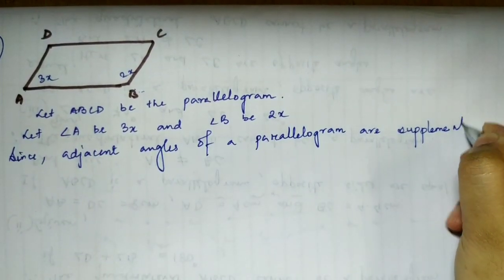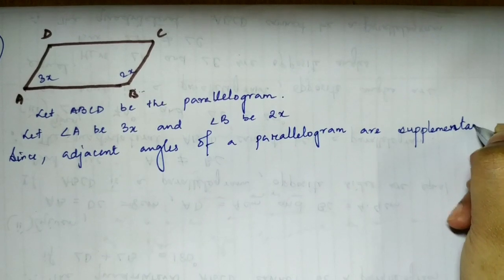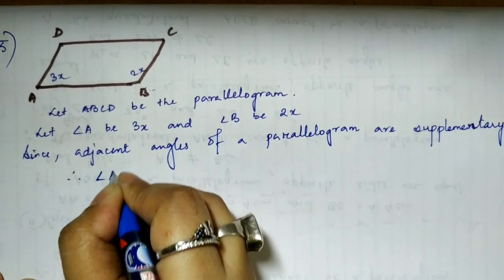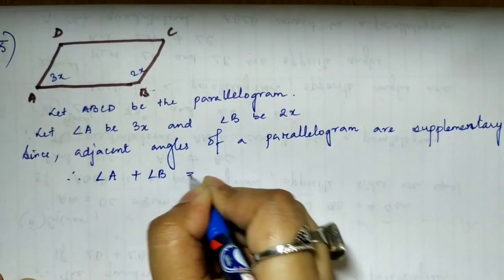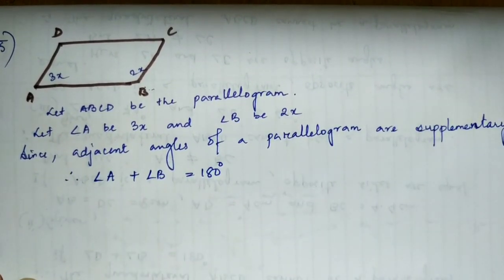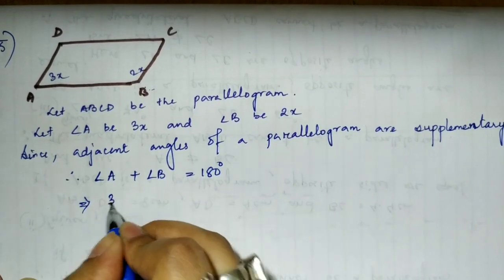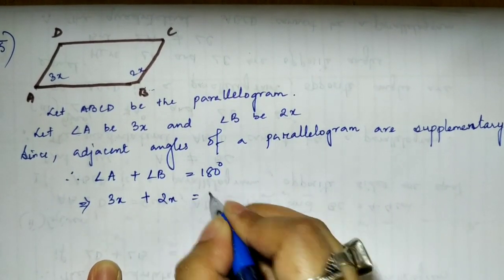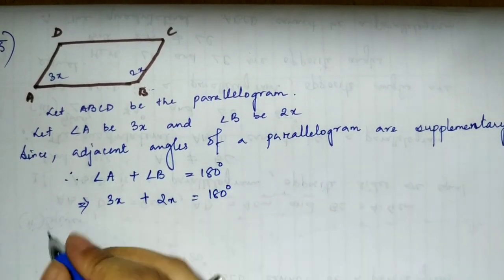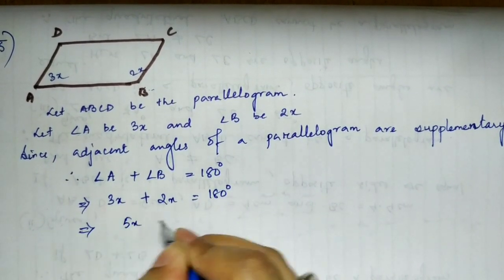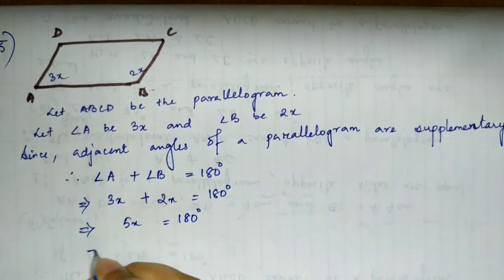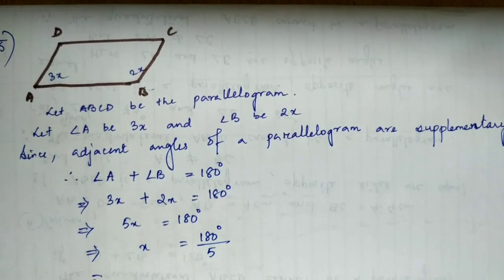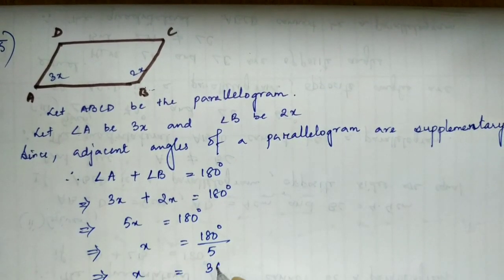Since adjacent angles of a parallelogram are supplementary, therefore angle A plus angle B is equal to 180 degrees. Angle A I have taken as 3x, angle B I have taken as 2x, so 3x plus 2x is equal to 180 degrees. Now it is in the form of an equation. Let's solve this. 5x is equal to 180 degrees and x is equal to 180 degrees divided by 5. If you divide, you get x is equal to 36 degrees.